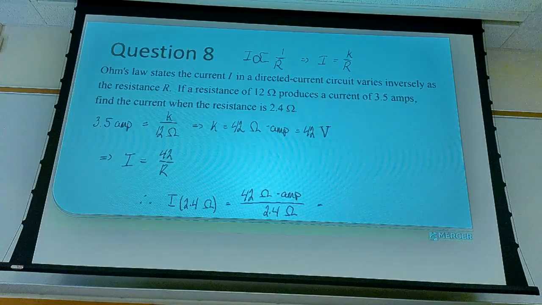So 42 divided by 2.4. Point 4 is 2/5. 12 over 5 would be 2.4. So 42 divided by 12/5 is the same as 42 times 5/12.